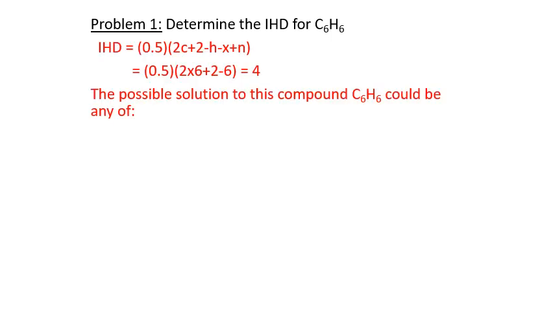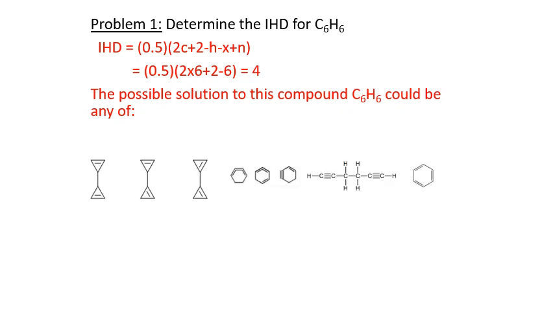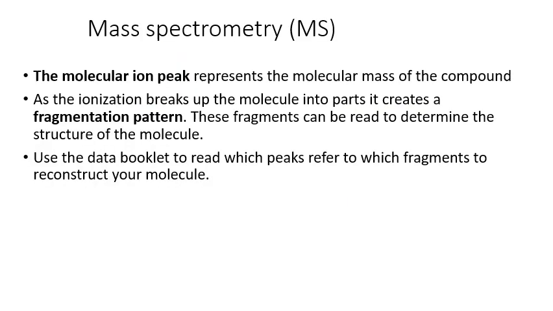Right, so for the IHD, plug the numbers in: 2 times 6, plus 2, minus 6, all divided by 2, so it will be 4. The possible solution for this compound C6H6 could be any of the following structures. We don't really know yet until we verify with proton NMR, infrared spectroscopy or mass spectroscopy, which is our next topic. So finally we'll look at mass spectroscopy.